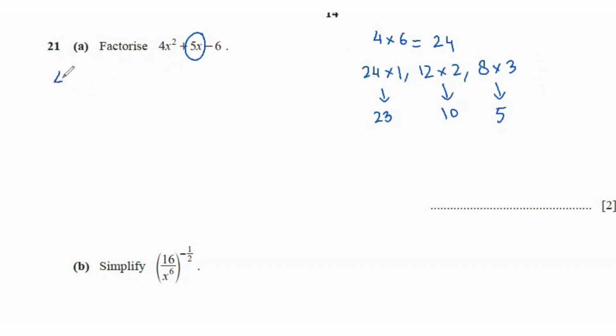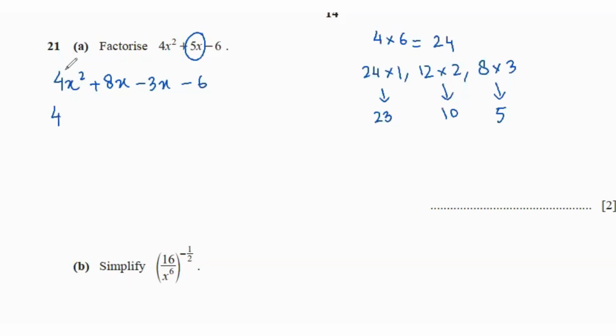So that means we can do 4x squared plus 8x minus 3x minus 6. As you can see, what we did was we replaced the middle term with the factors. 8 times 3 is 24, and 8 minus 3 is 5. So now we're going to factor by grouping.